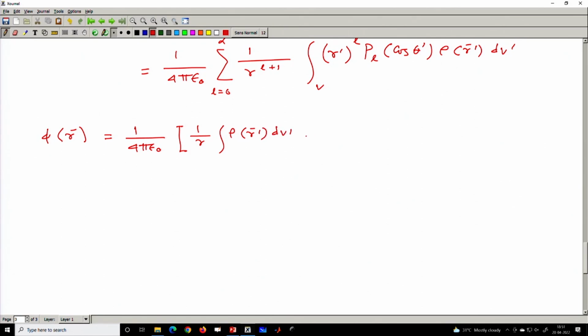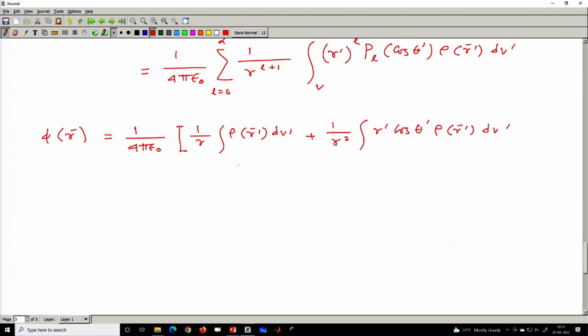What is my second term? 1 by r square, L equal to 1, the integration of r prime cos theta prime rho(r prime) dv prime. This is my second.